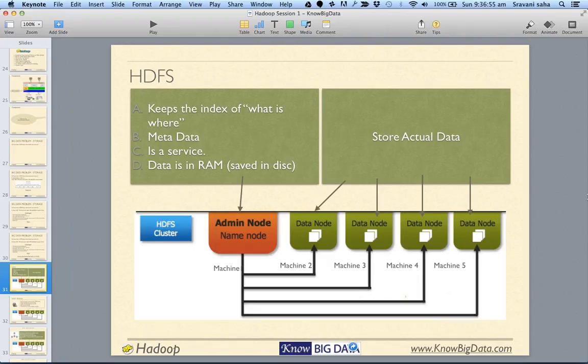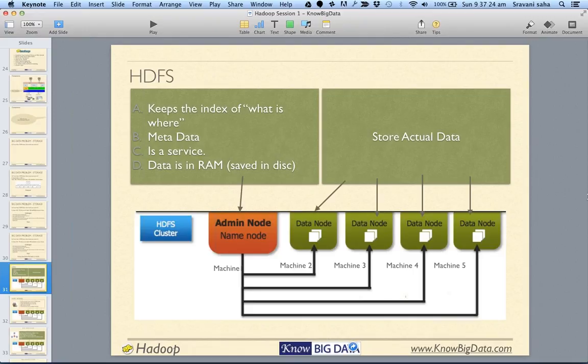The admin node is like your register containing the information only, while the data nodes contain the actual data. Okay, so the admin node contains the references to where your data is actually located. It is as if it's a separate book containing the references of parts of the book.